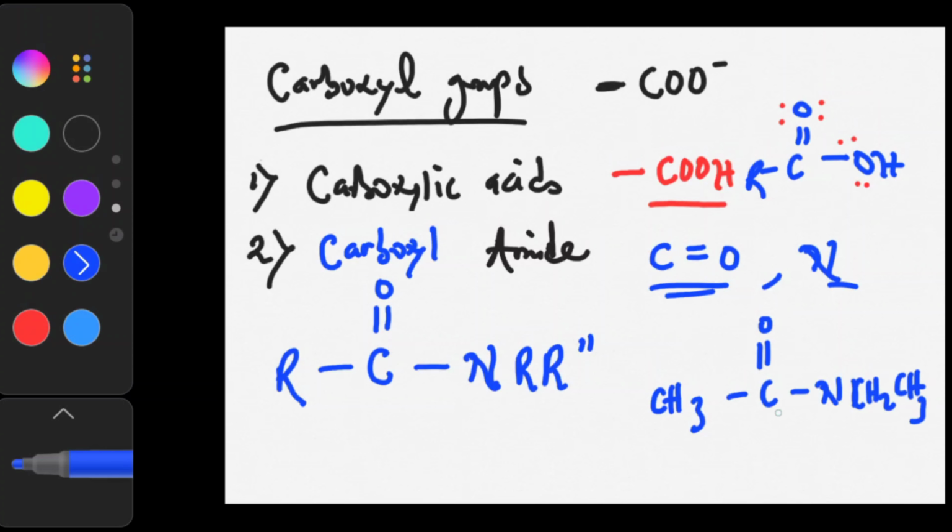Can you see that? So this is an amide. This is an amide because the carbonyl group is attached to nitrogen with the alkyl groups. So that makes it an amide. So this is how you identify these functional groups if you come across them. So when we go into nomenclature, which will be in the next clip, you would understand how to name them. So for now, we'll end it here.